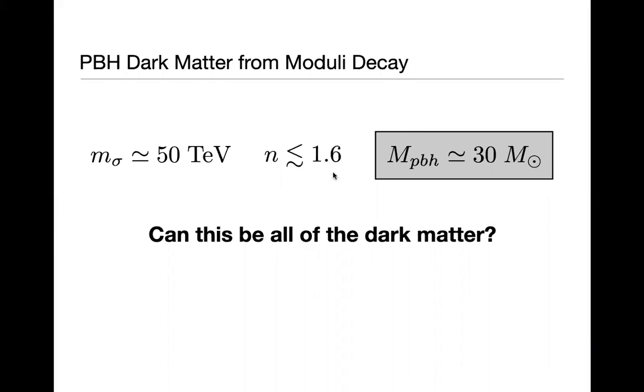But what's kind of neat about it is you get out the mass of the black holes that's around 30 solar masses. You can take these numbers and change them as much as you want, but the point is that there's a cutoff in the mass of the black holes, and I'm hoping on some level this links into the last talk, because you can't get arbitrarily large black holes out of this scenario.